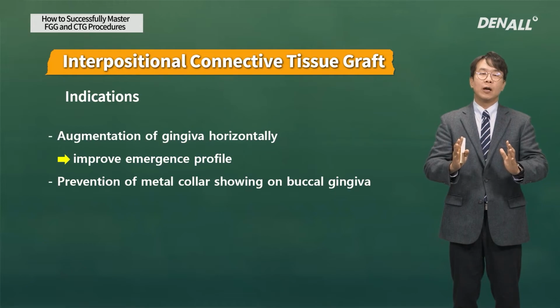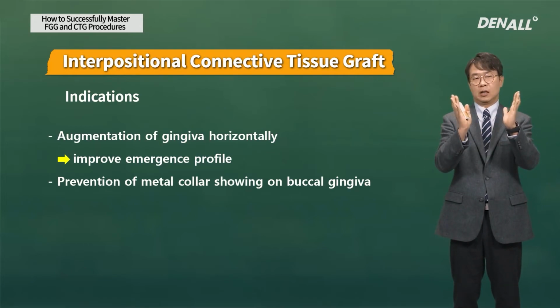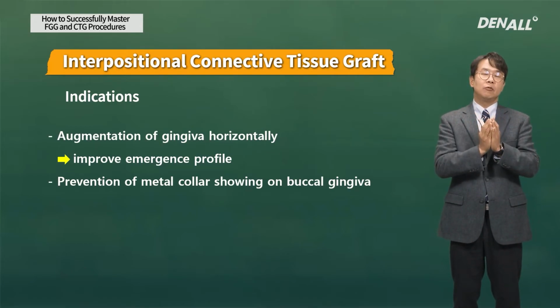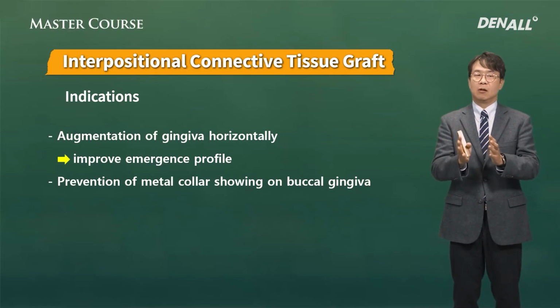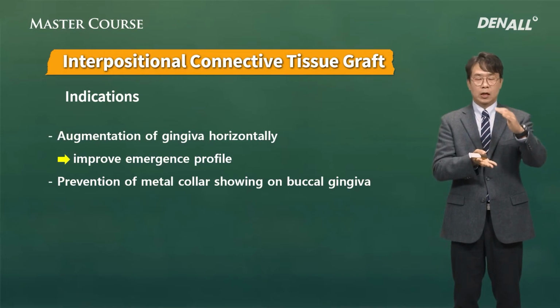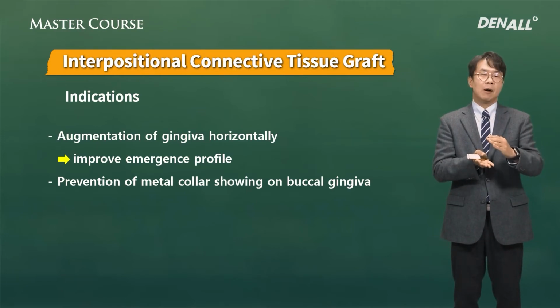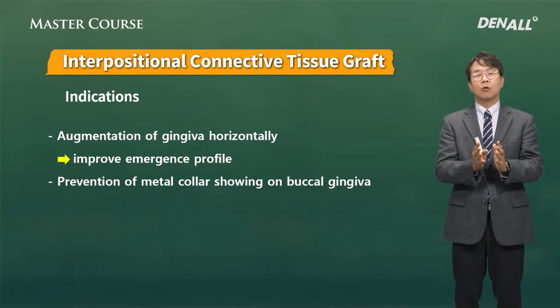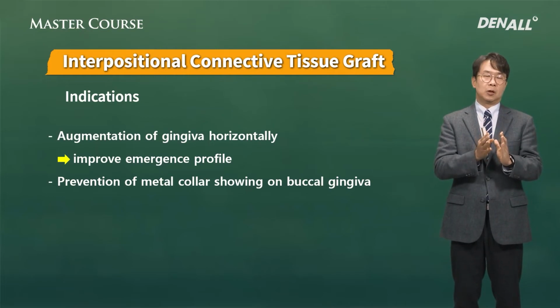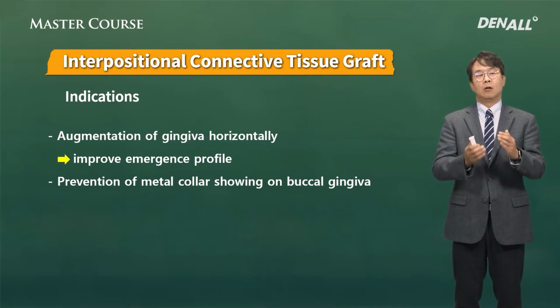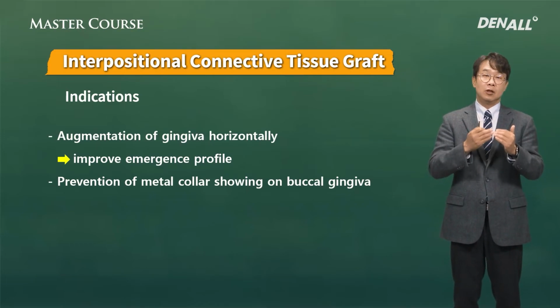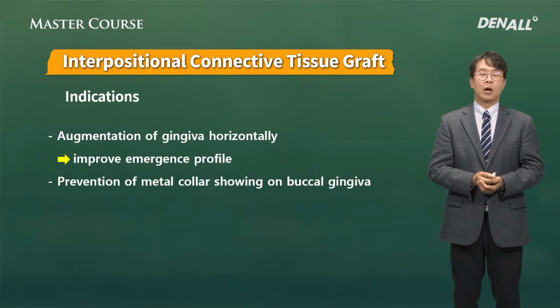This is not the only way to improve the emergence profile. However, when implant placement position is not proper, or bone or soft tissue is thin, then interpositional connective tissue graft can be done to make a compensation for it. It also helps to cover the receded gingiva.